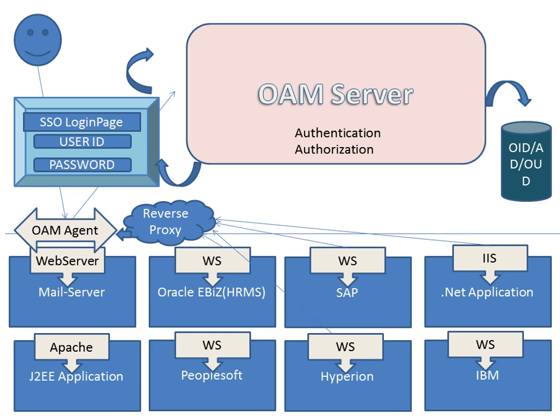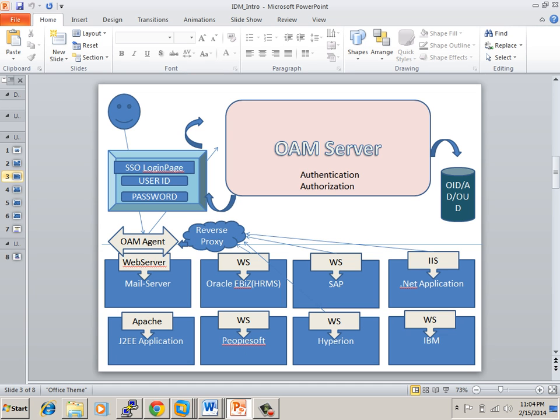An OPSS call is given to OID, or if AD is there, an LDAP call is given to AD, and the user ID and password are matched to check whether the directory server has them. If the user ID and password are there, it means it's successful, so the user will be allowed access. In this way authentication happens. After authentication, authorization also happens. Let me give you a practical demonstration of how we are going to do it.